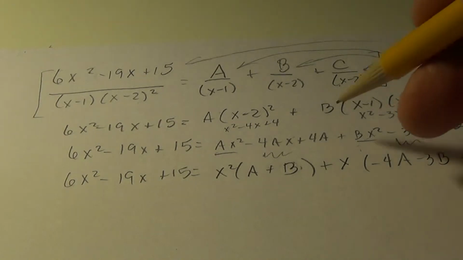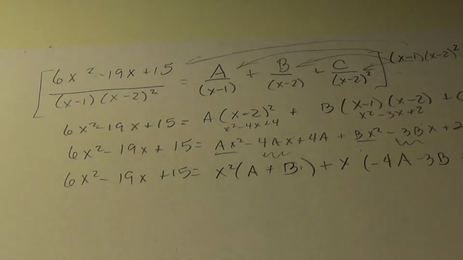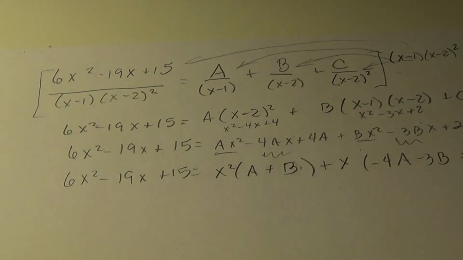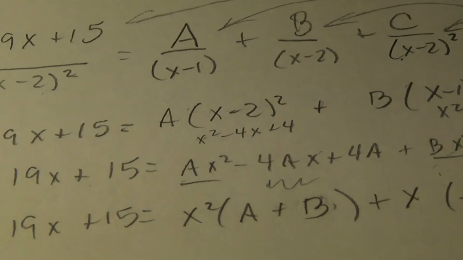And lastly, I'm going to gather my constants, ones with no x values. So I have a 4A, a 2B, and a minus C.